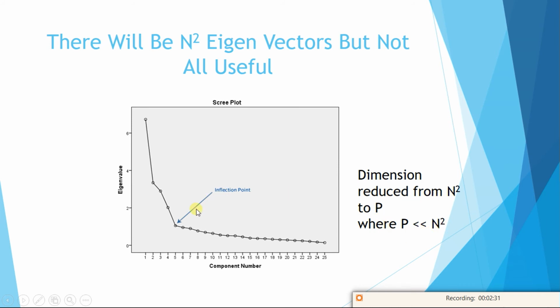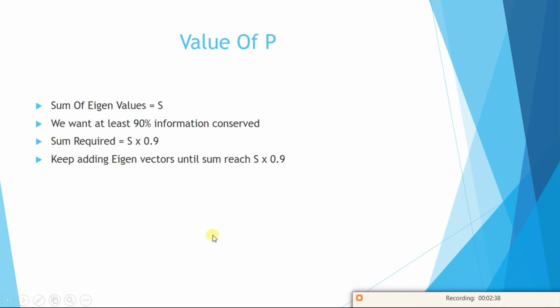So we choose a value p which will be much less than n square, and that will cover the whole information with reduced dimension. How can we find the value of p? We take the sum of eigenvalues, let that be s, and we want at least 90% of information conserved.